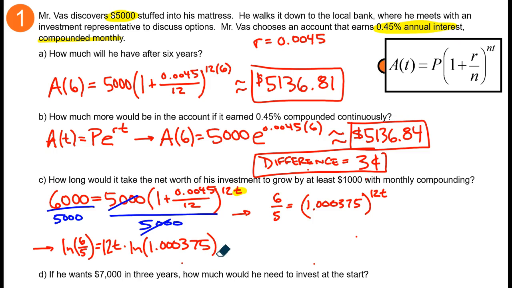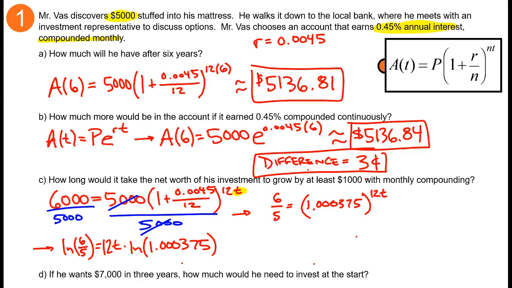At this point, this problem becomes an algebra 1 problem. I have some number equals 12 times t times some other number. So in order to get t all by itself, I need to divide both sides of this equation by 12 times the ln of this long decimal here.